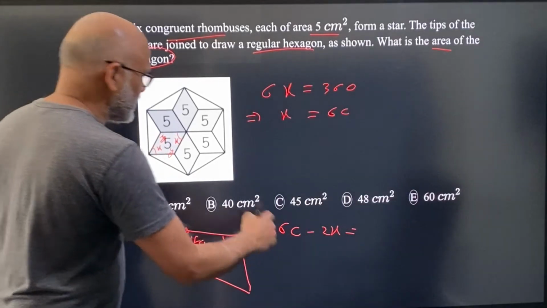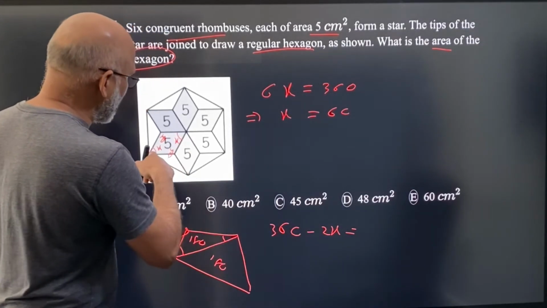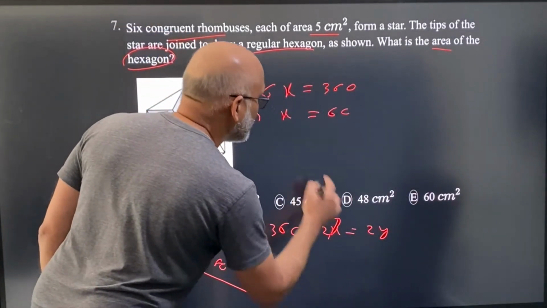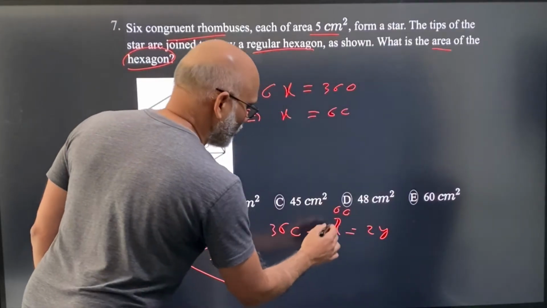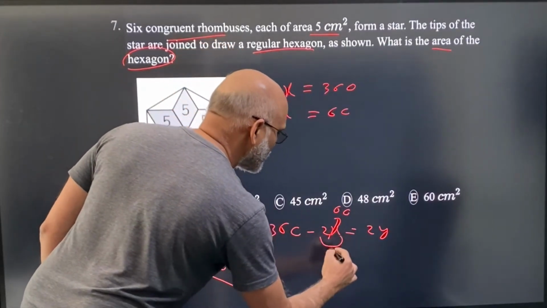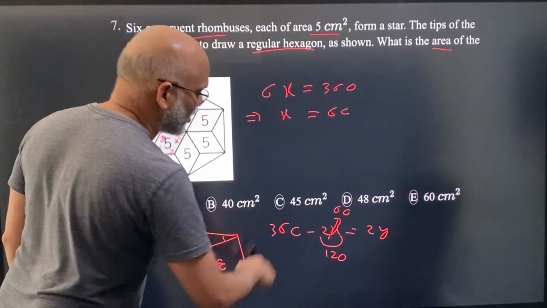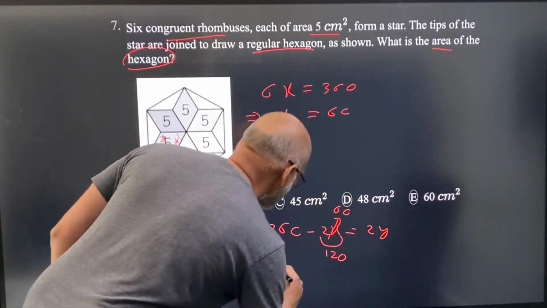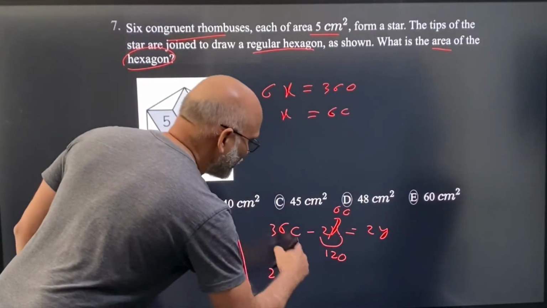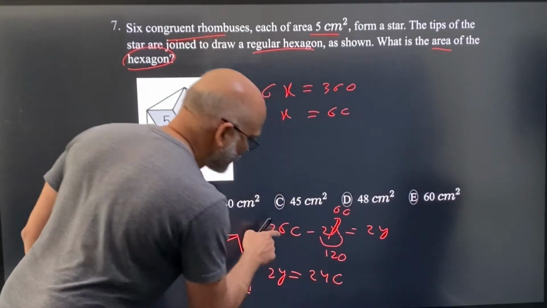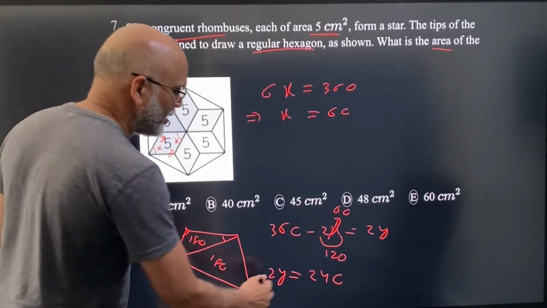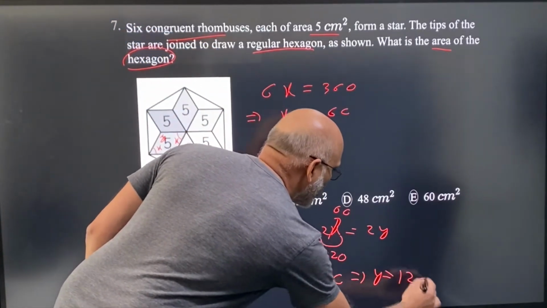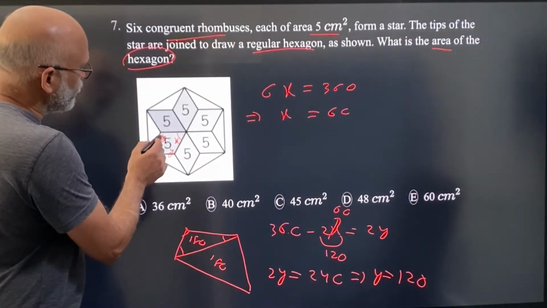So of the 360, if I take away those 2 angles of x, which is 60 each, so 120, the remaining is 2y. 360 minus 120 is 240, so 2y has to be 240. That means y is equal to 120. So this angle is 120.